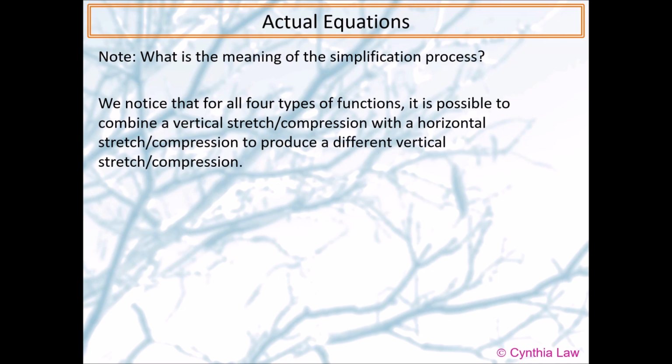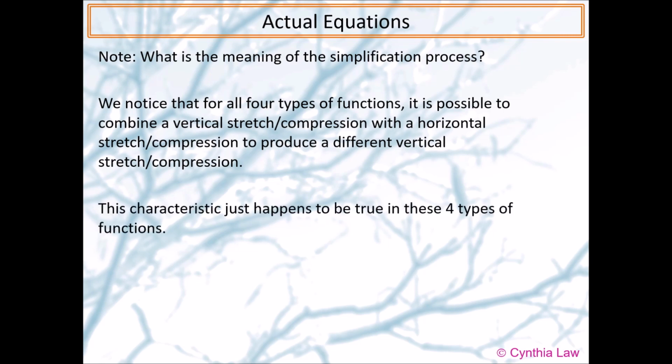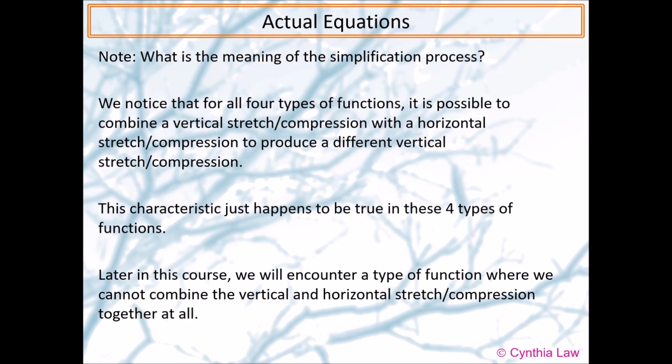So the k can disappear after the simplifying, and we get a new a at the end. This characteristic just happens to be true because we have these specific 4 types of functions. Later in the course, we are going to study a type of function where we cannot combine the vertical and horizontal stretch or compression together.